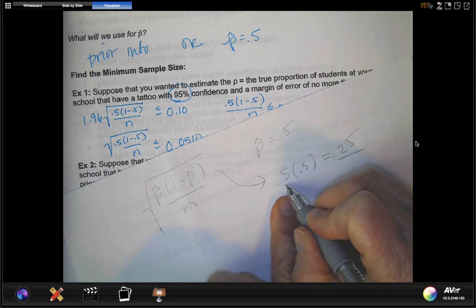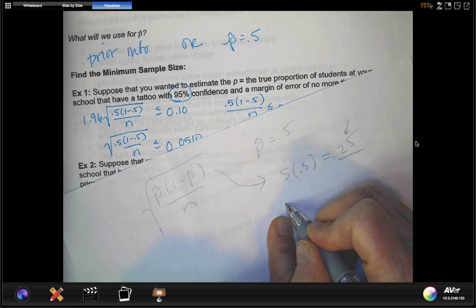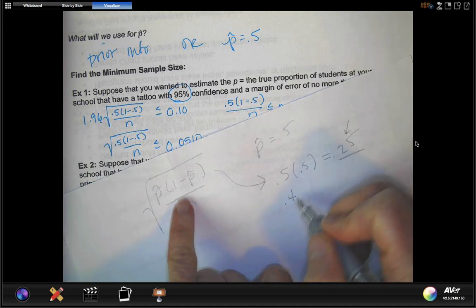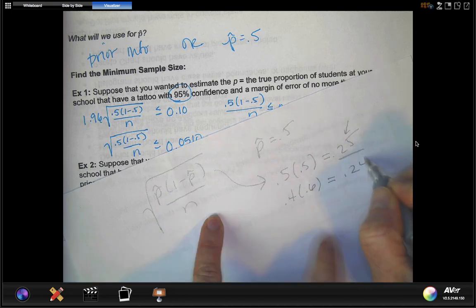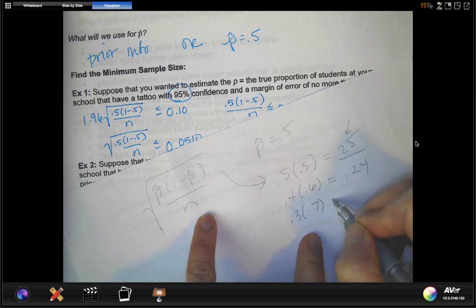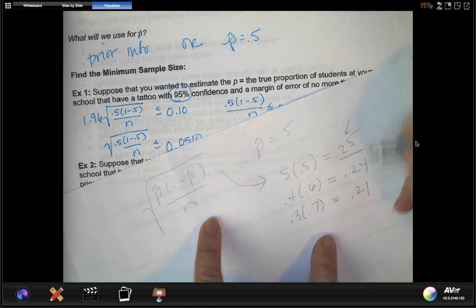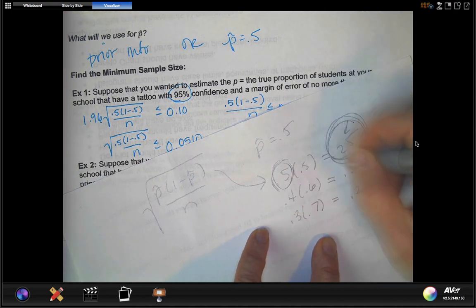Is there any other p hat I can pick to make this number bigger? If I say 0.4, then I'd have 0.4, 1 minus 0.4 would give me 0.6, 0.24. If I did 0.3, I'd have 0.3, 1 minus 0.3, I'd have 0.7, 0.21. So there's no p hat I can pick that is going to make this bigger.